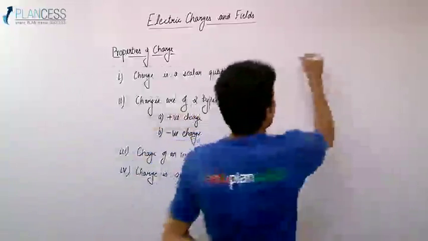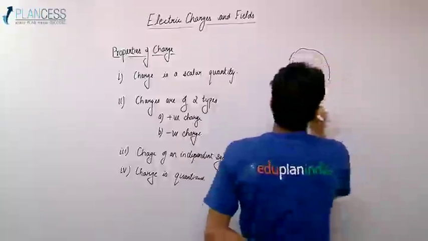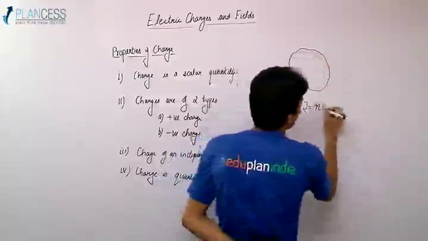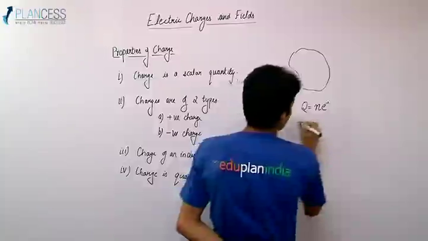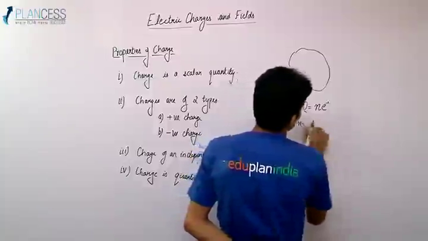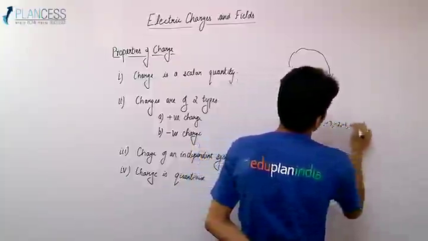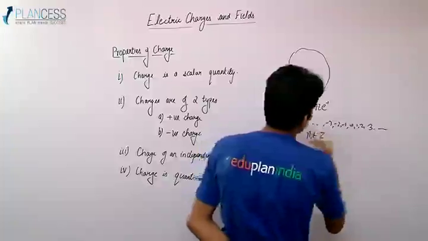This means that the total charge on a body can only be an integral number of e, where n can be minus 3, minus 2, minus 1, 0, 1, 2, 3. So n belongs to the integer set.